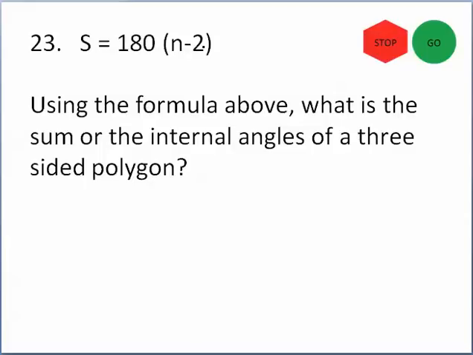If I want to know what the internal angle sum is of a three-sided polygon, also called a triangle, having its own special name, I can simply say, all right, the sum is going to be equal to 180 times 3, the number of sides, minus 2. That means 180 times 1, and that's 180, so it works.